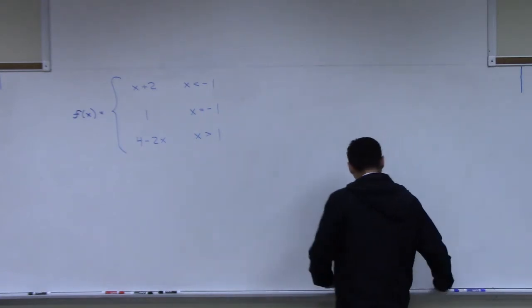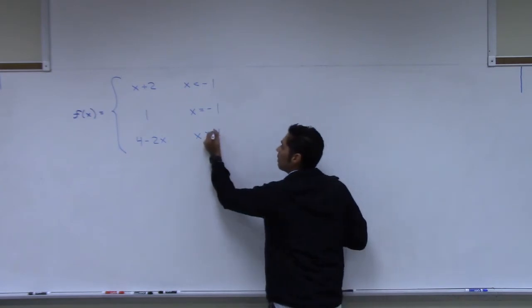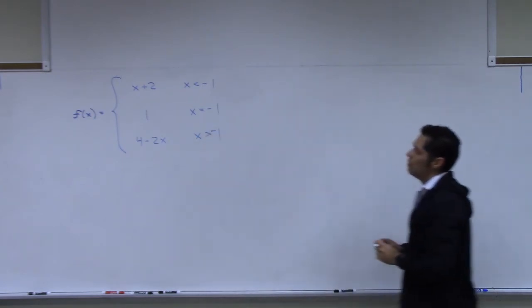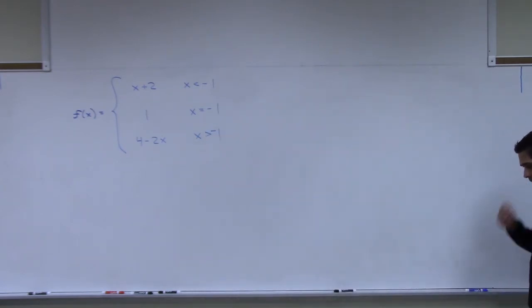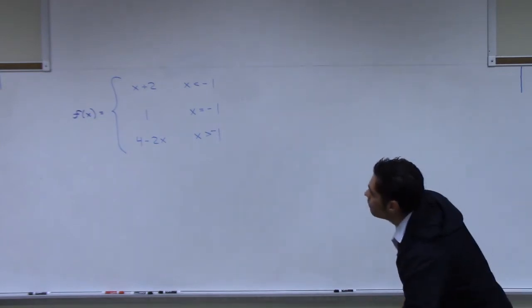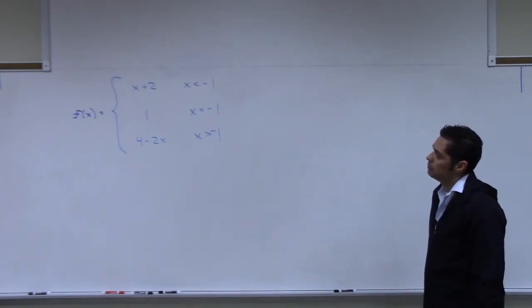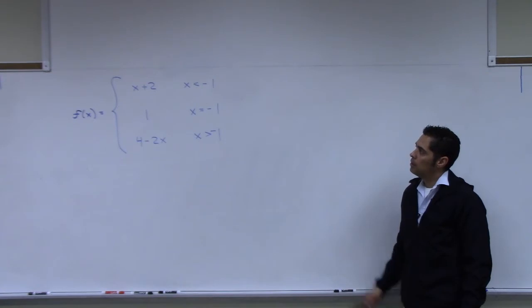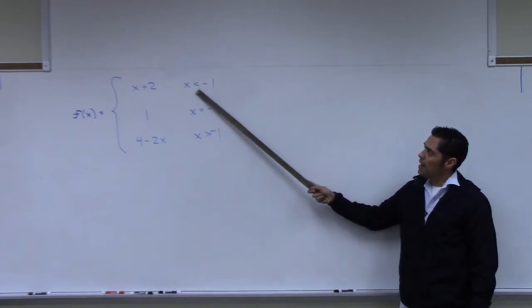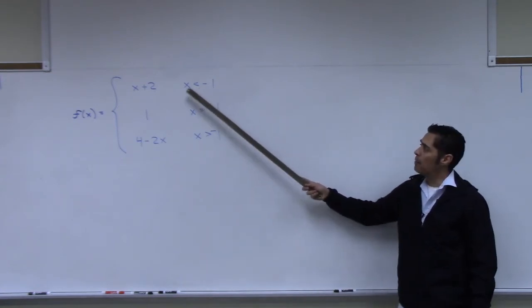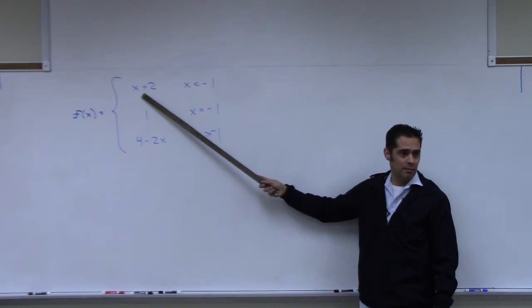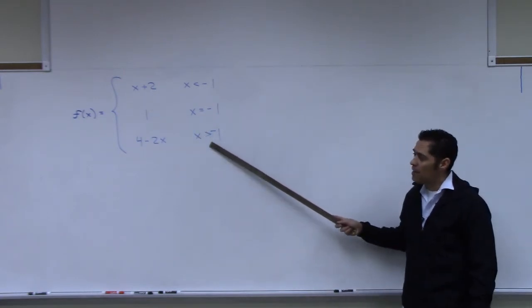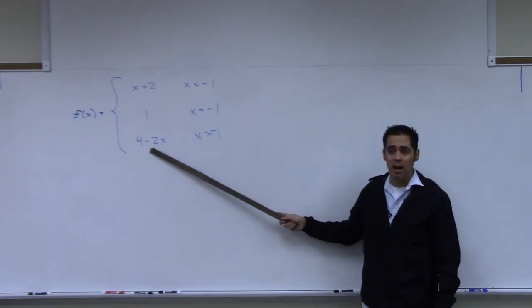Oh, that was supposed to be -1 right there. I apologize. -1 right here. So the function is that if I am to the left of -1, I'm going to draw this line, right? If I am to the right of -1, I'm going to draw this line. Yes?